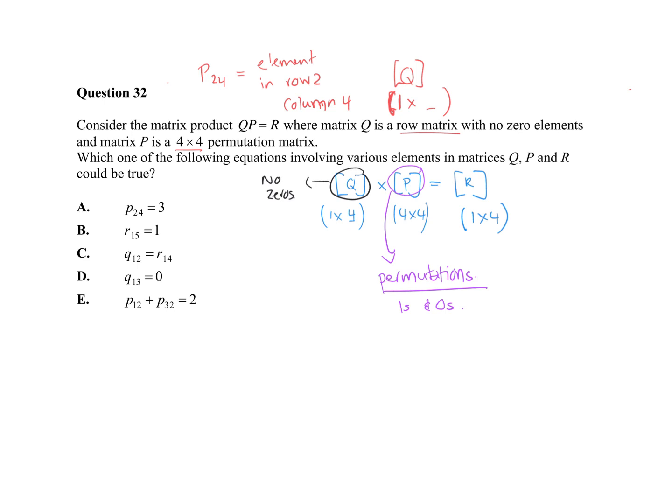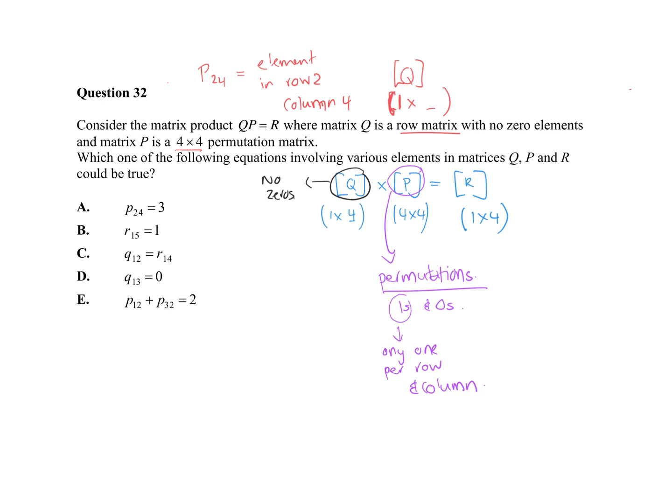And there's only 1 one per row and column. So that's a fact about a permutation. And remember, permutations just help you shuffle the elements of the other one. So we are just going to shuffle around Q, really, and that'll give us R.